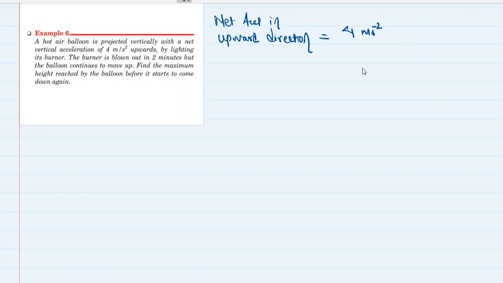What is the initial velocity of the balloon? Initial velocity is 0 meter per second. What is the time for which it is accelerating upwards? 2 minutes, which is equal to 120 seconds.